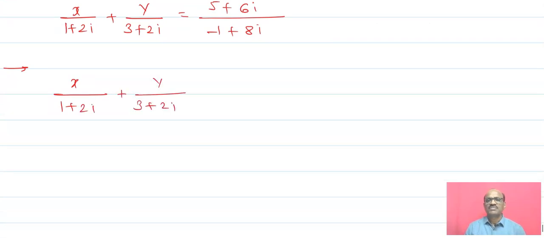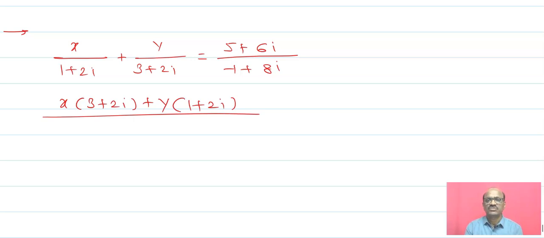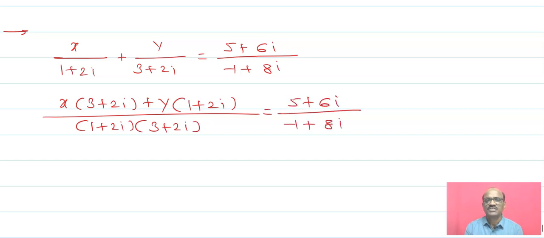Now normal simplification is there. First is cross multiplication, that is x in bracket 3 plus 2i plus y in bracket 1 plus 2i upon (1 plus 2i) into (3 plus 2i), that is equal to 5 plus 6i upon minus 1 plus 8i.